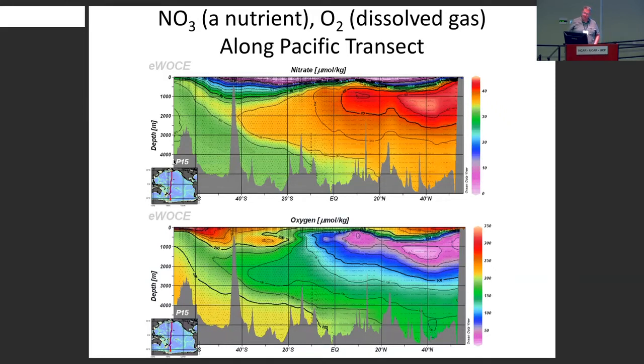So the first thing that I'm going to highlight is this nitrate, this nutrient. In the surface waters, it's very, very low. And that's because biology has consumed it all, primarily. Photosynthetic life in the near-surface waters of the ocean consumes nitrate until there's no more left.